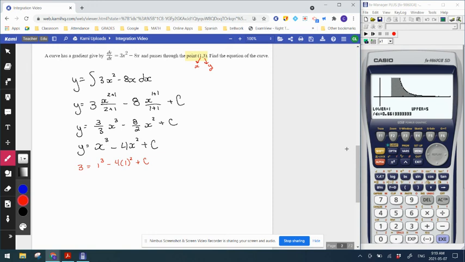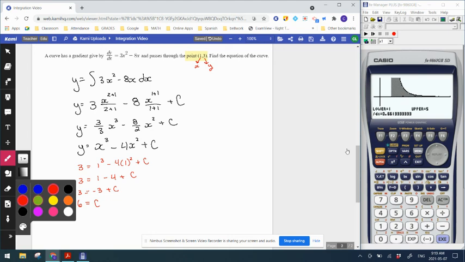Now you can see my only variable is c, so I can solve for that variable. So 3 equals 1 minus 4 plus c. 3 equals 1 minus 4 is negative 3 plus c. So 6 equals c.